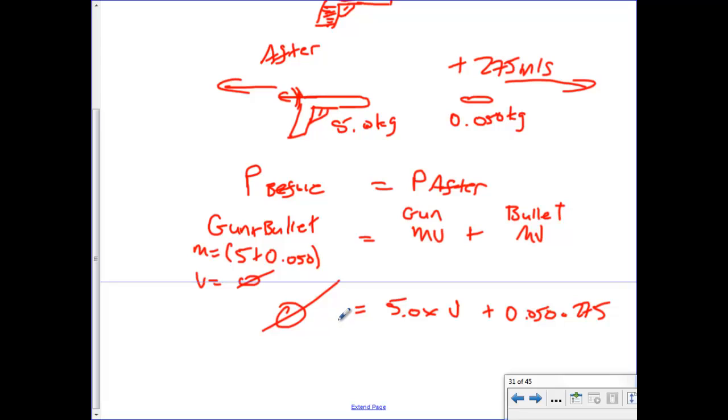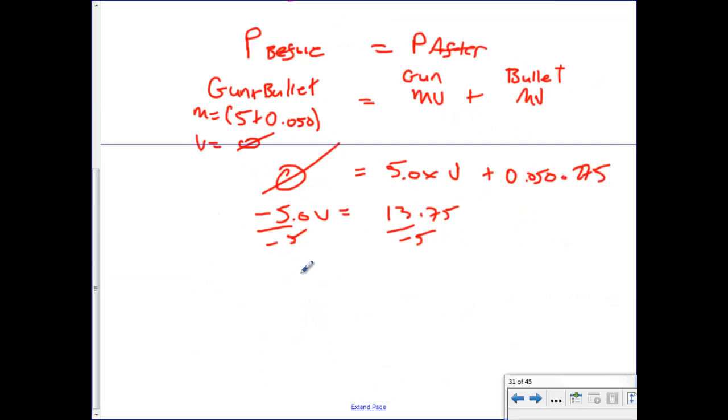Your velocity is going to be negative. Does that make sense? Yeah. So you're going to have negative 5.0 V equals, what's this going to be? 0.050 times 275. So 1375. So divide by negative 5, divide by negative 5.